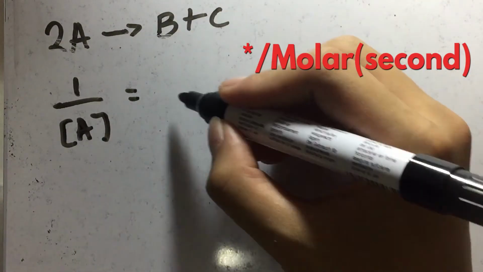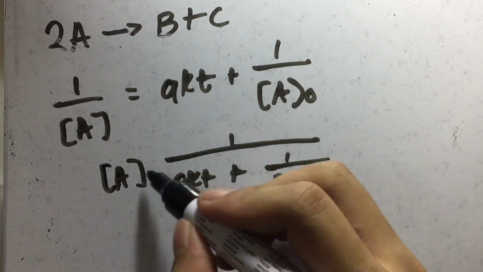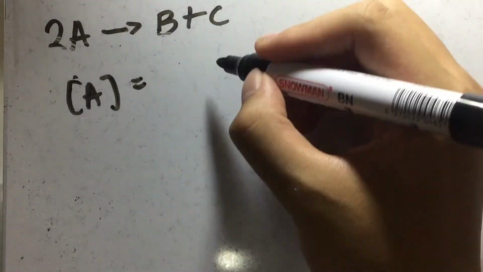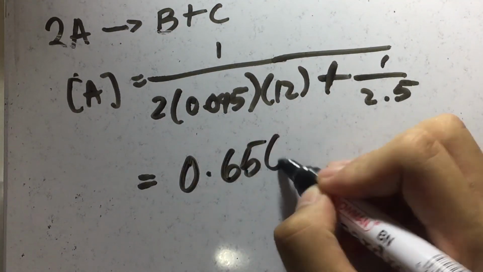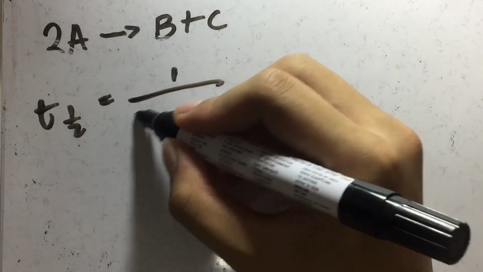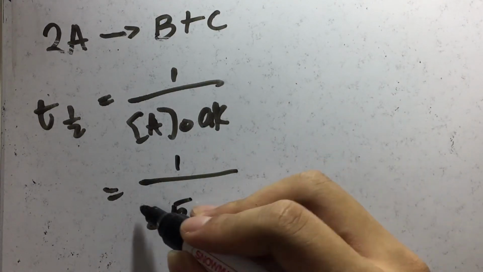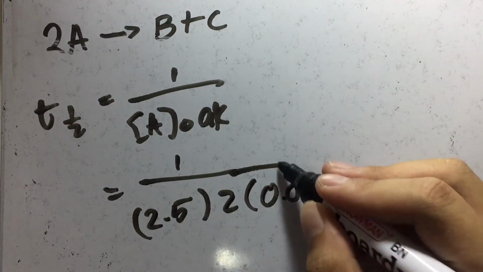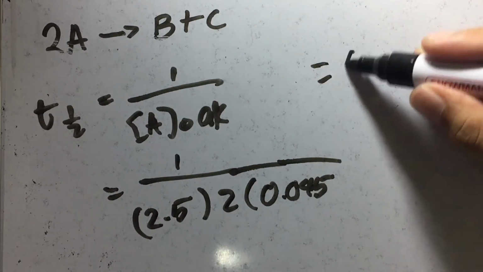What will be the concentration of A after 12.5 seconds? It's again a matter of plugging in values, and after doing so, we'd get 0.656 molars. Then, for finding the half-life of the reaction, we just have to plug in the values as well. You'd get 4.444 seconds after doing so.